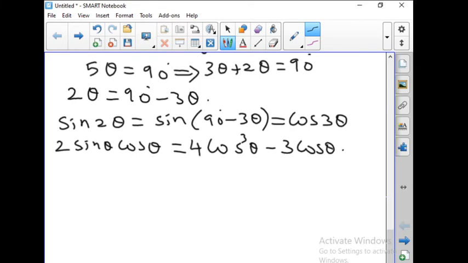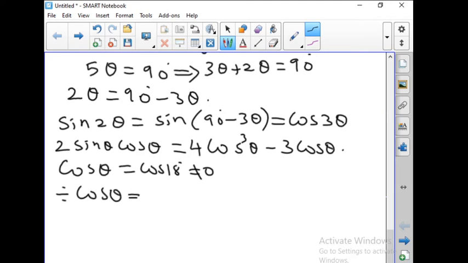So now cos theta, which is cos 18, is not equal to 0. So we can divide throughout by cos theta. So dividing throughout by cos theta, we get 2 sin theta is equal to 4 cos square theta minus 3.